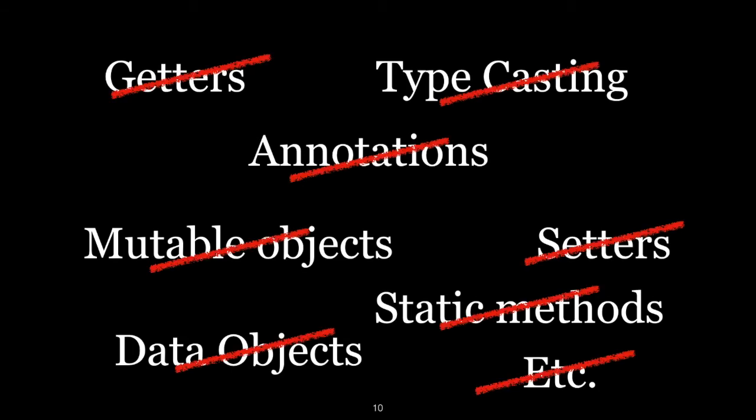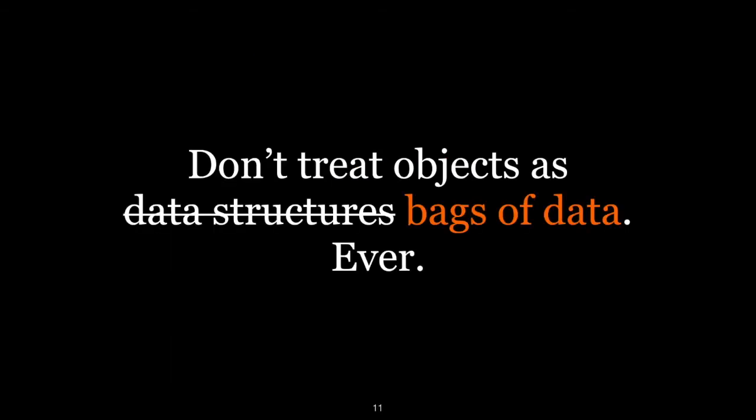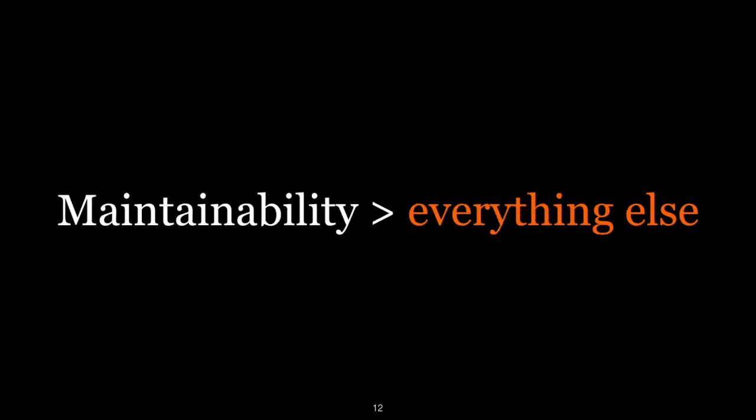And if you had to sum it all up in terms of idea, it's basically you don't treat objects as data structures, or as bags of data with procedures to work with and change that data. And the second point is maintainability is above everything else.